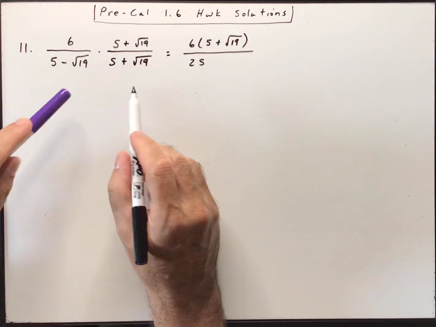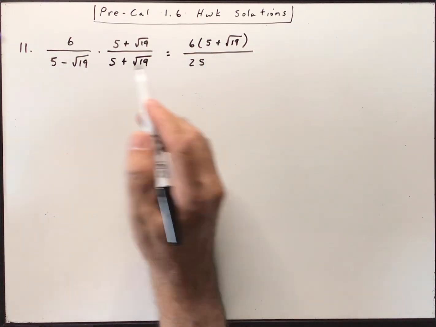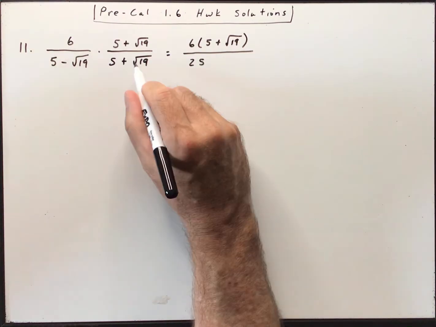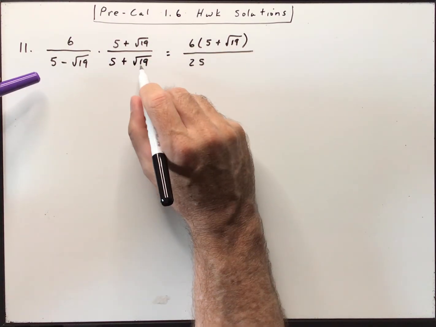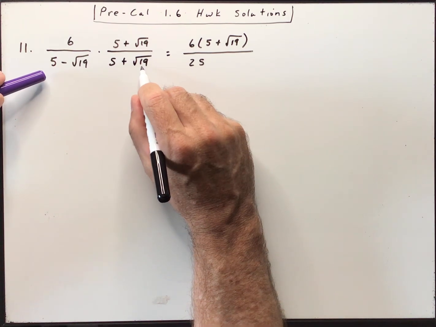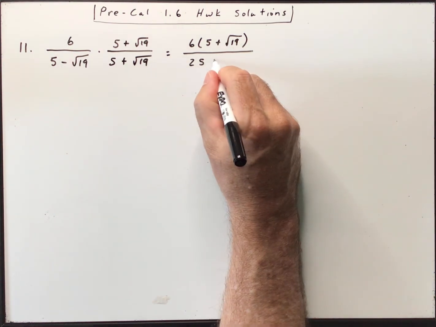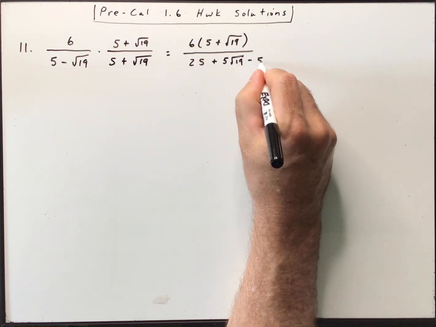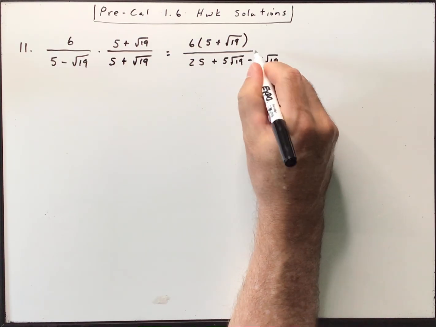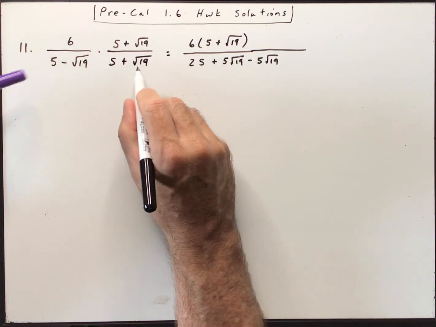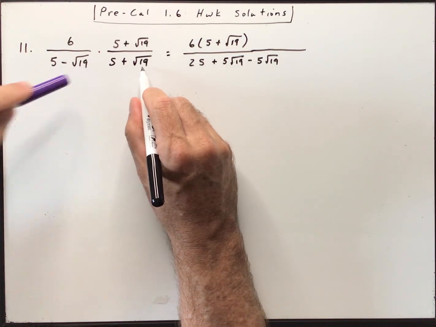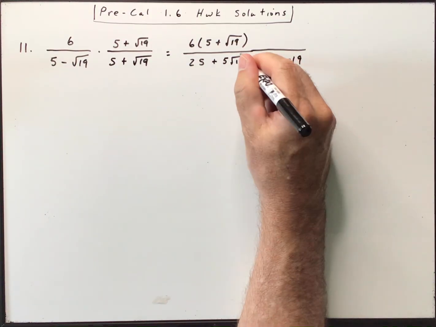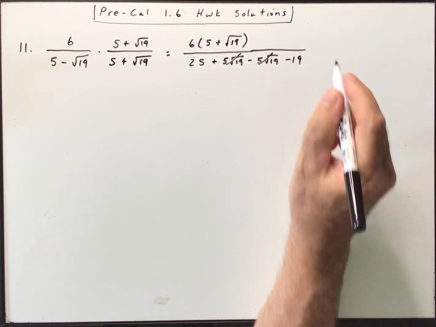Then we would have 5 times negative root 19, or it doesn't matter the order, outside or inside: plus 5 times the square root of 19, minus 5 times the square root of 19. You should have done this a lot in Algebra 2. And then negative root 19 times root 19 would be just minus 19. So those middle terms go away.